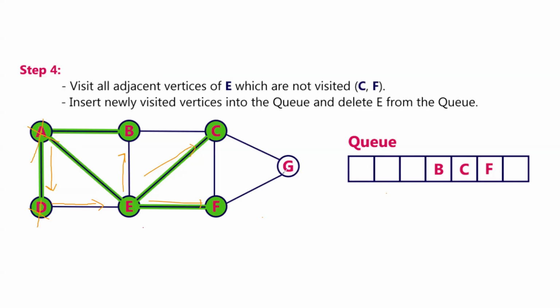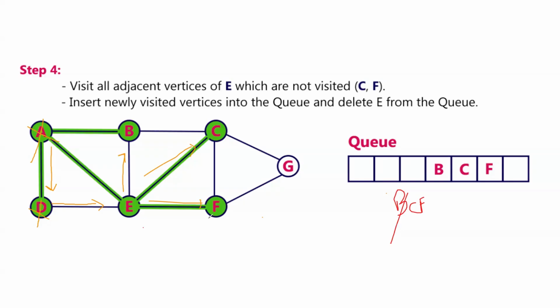So now the point is we already visited, and in the queue we have B, C, F, right? So if we deleted E, we want to move to C or B. Because B already exists in the queue, we do not consider B again. So we start with C directly.